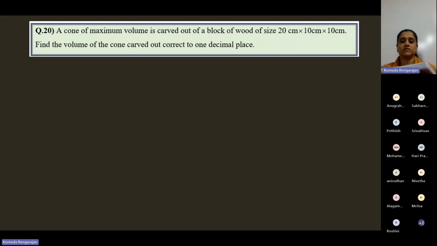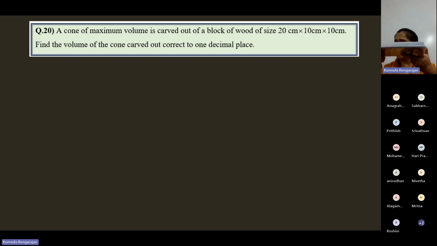Okay, so this is the cuboid in the question. A cone of maximum volume is carved out of a block of wood of size 20 by 10 by 10. Find the volume of the cone carved out correct to 1 decimal place.